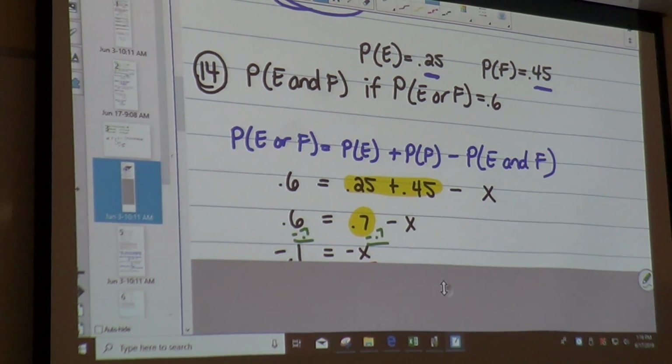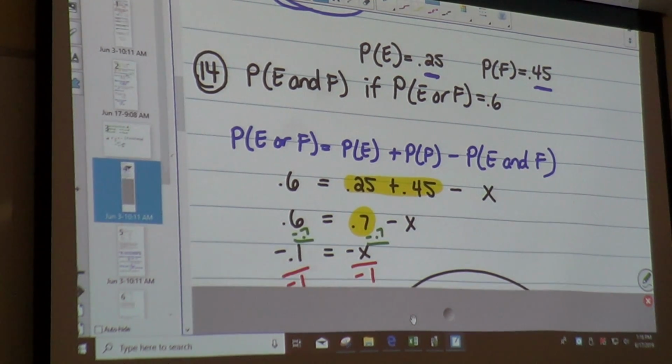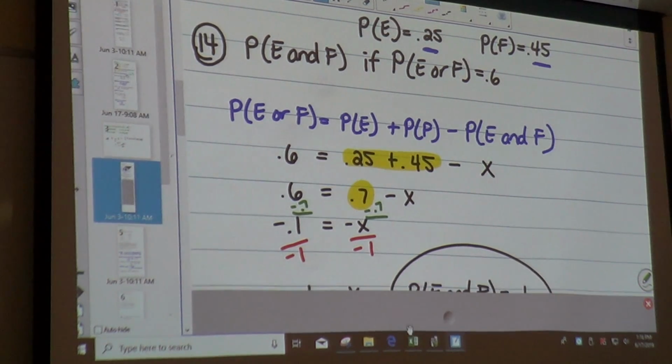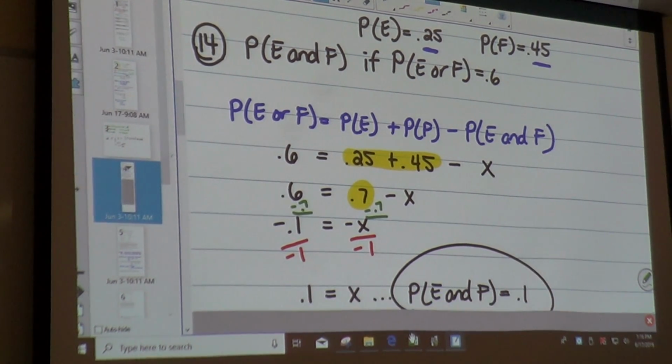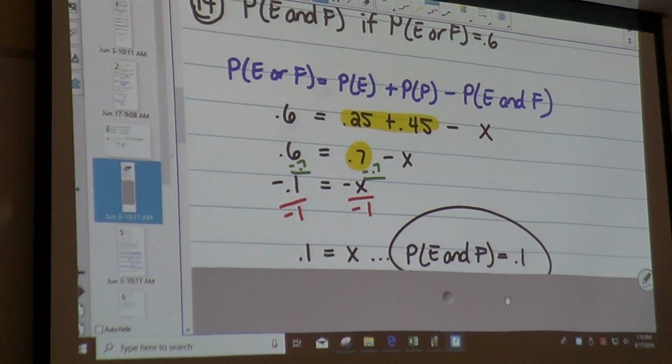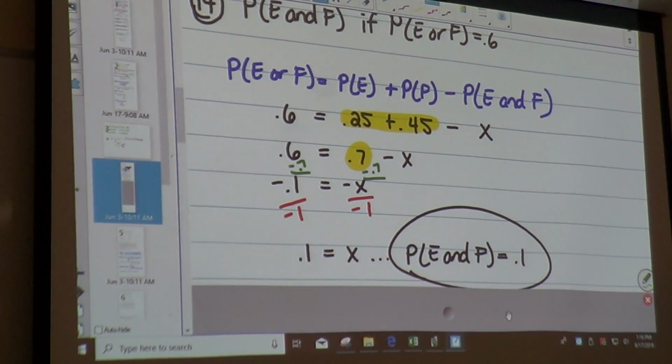Divide by a negative 1, because you can't have that negative x. So you're going to divide both sides by negative 1. And that's going to give you your final answer of x equals 0.1. And you were solving for P, the probability of E and F. You were not getting the front side.